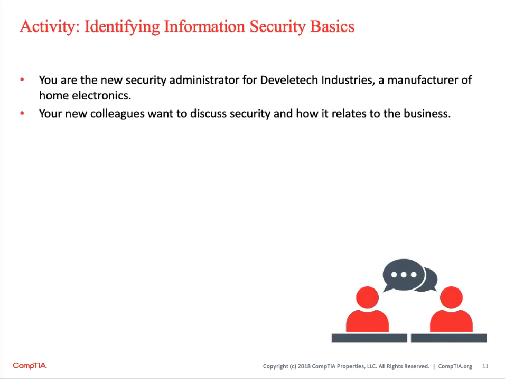So, our first activity of the chapter is going to be identifying information security basics. So we are going to be the brand new security administrator for Developtech Industries, and they're a manufacturer of home electronics. Our colleagues wanted to discuss security and how it relates to the business.